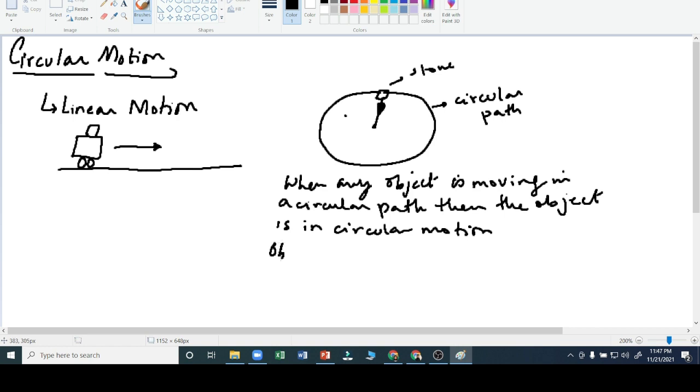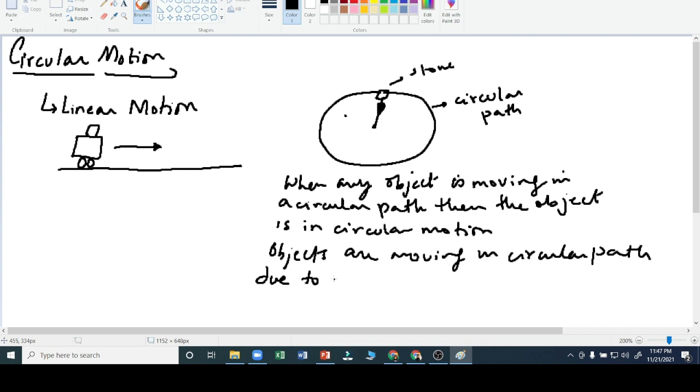So we can write it as: objects are moving in a circular path due to a constant force. Constant force means the same force, acting towards the center of the circle.